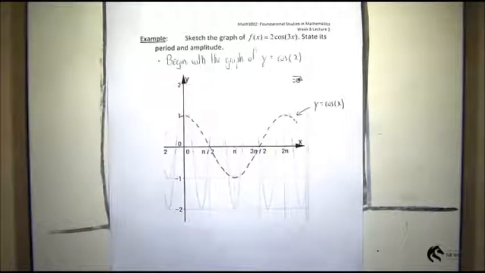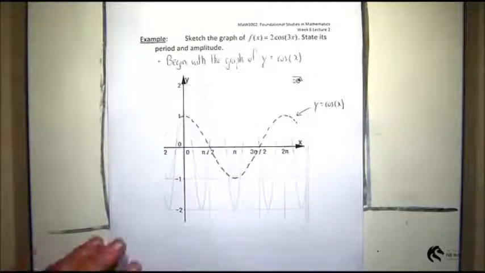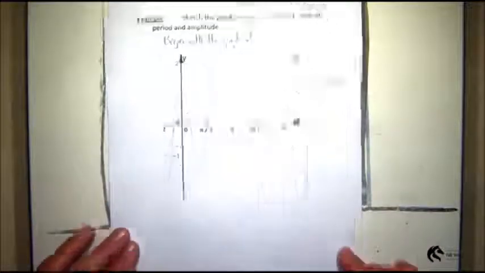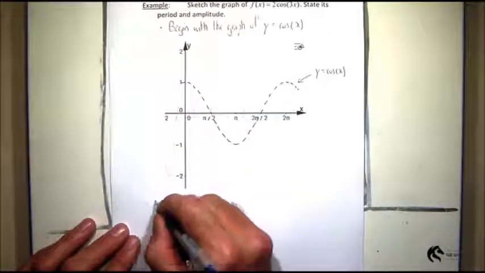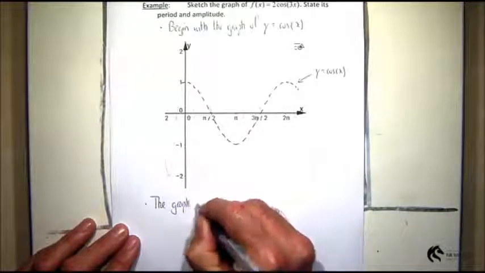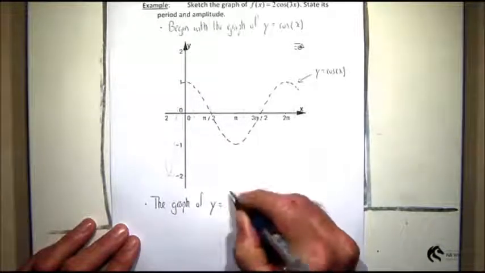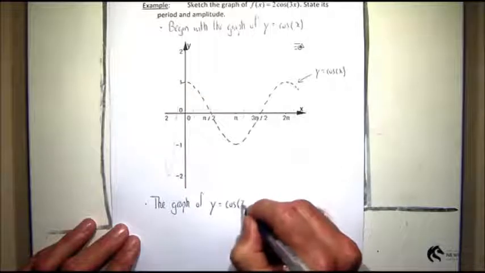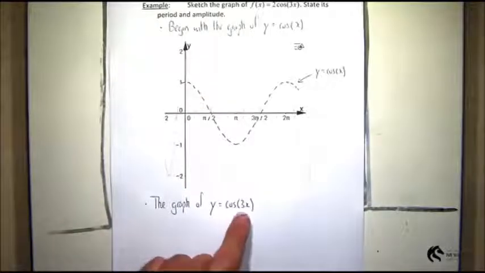Now, it doesn't matter which order you do things in here, but I'm going to go and draw the graph of cos 3x next. So the graph of y is equal to cos 3x. So I've now got a factor sitting in front of the argument x. I've got 3x in there.